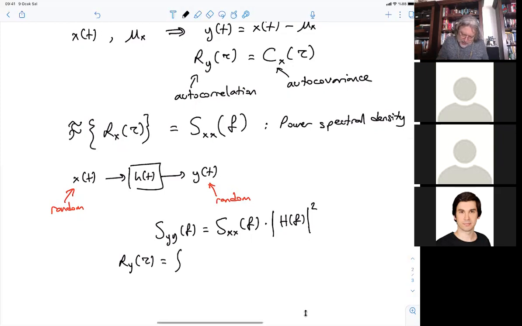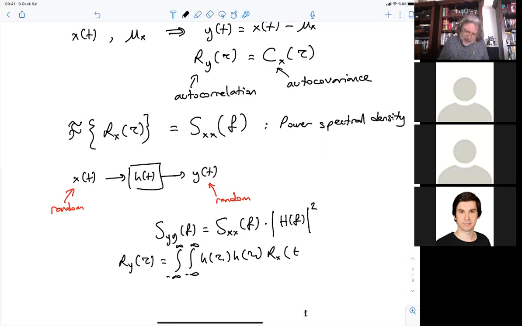One integral for the first convolution, one for the other, both from minus infinity to infinity. For the first one we have h of tau 1, and for the second one we have h of tau 2, one of them comes from H of f, the other from H conjugate of f. And we have Rx of t minus tau in the convolution, if you think of it like that.